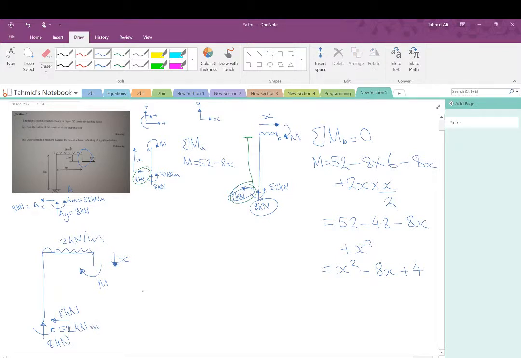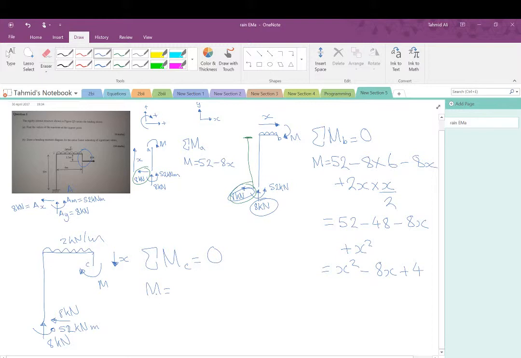So let's call this a new point C. So the sum of moments about C is equal to 0. So let's think about this. Let's go with this slightly difficult one first. So we're trying to find another equation for M.